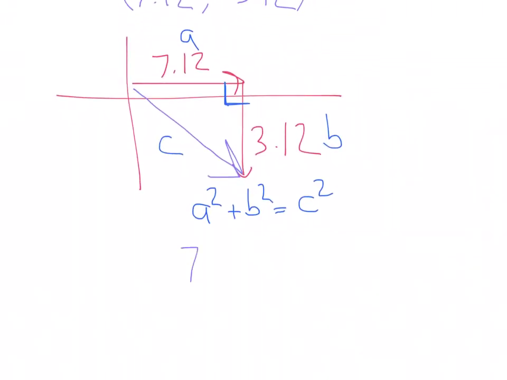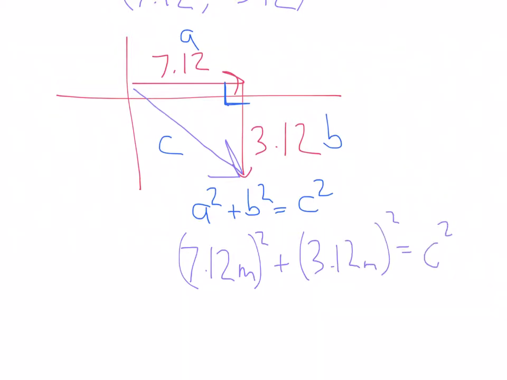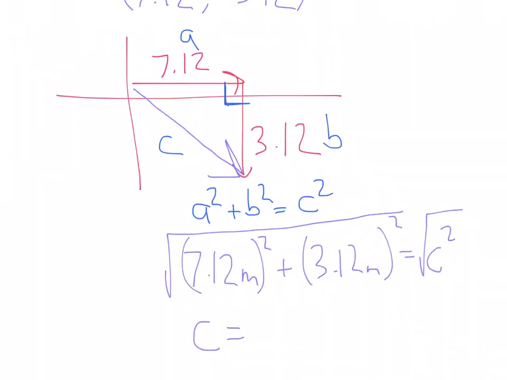We get 7.12 meters quantity squared, plus 3.12 meters quantity squared is equal to c squared. And take the square root of both sides, and we get c is equal to 7.77 meters. And there you have it.